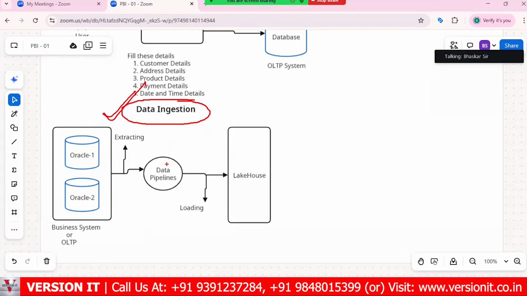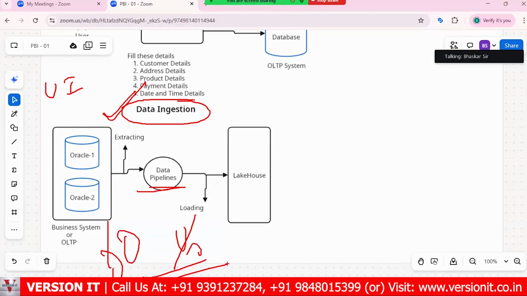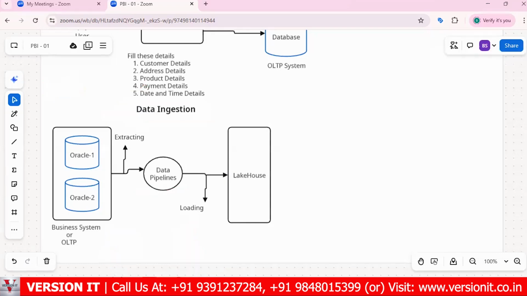Why Microsoft products are famous for data ingestion, or even data transformation, is because it is mostly a user interface. When it comes to data pipelines, it is 100% no coding. We are going to have expressions, not coding. That is what I mean to say here.